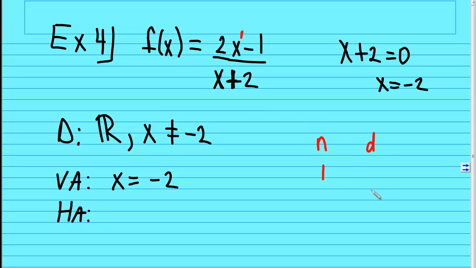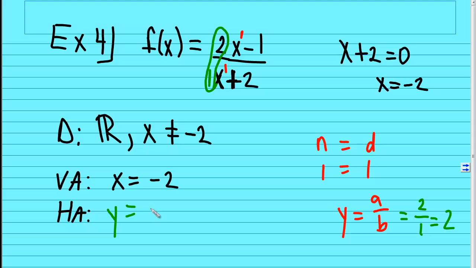The highest degree in the denominator is also 1. These are equal. When the degree of the numerator equals the degree of the denominator, then my horizontal asymptote is y equals a over b. My a is 2 and my b is 1. So the horizontal asymptote is y equals 2.